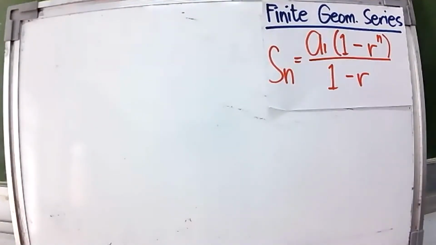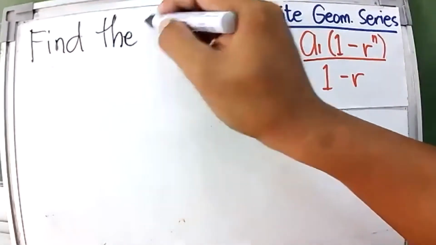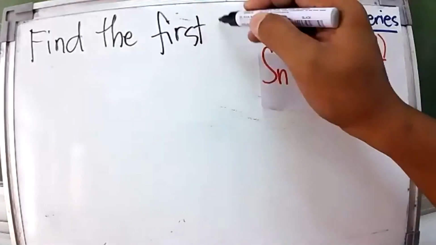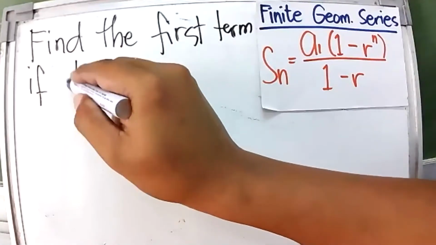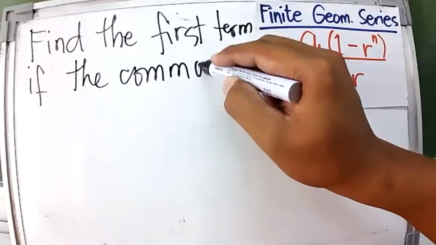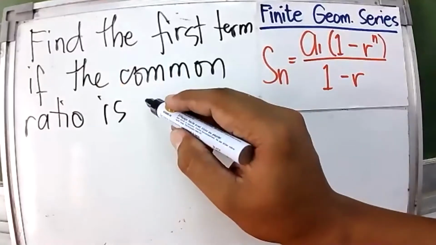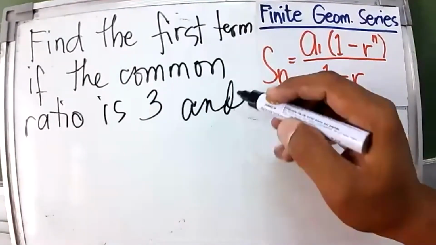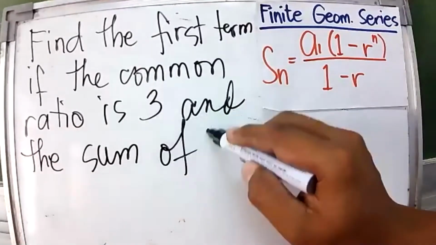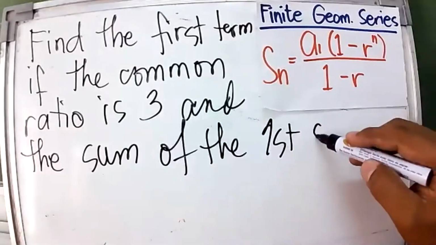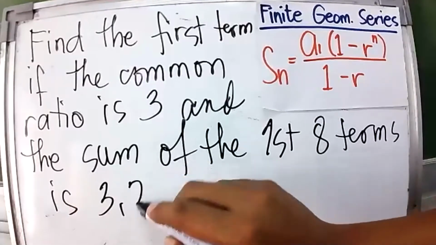So we have here, take note of this given, find the first term if the common ratio is 3 and the sum of the first 8 terms is 3,280.